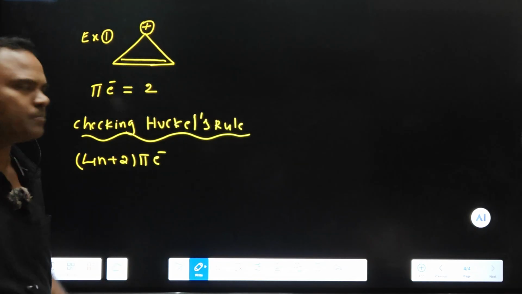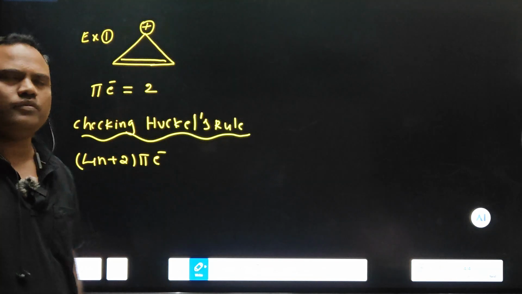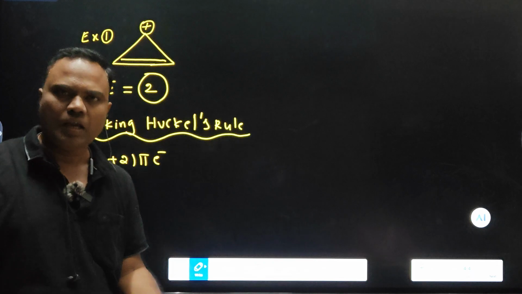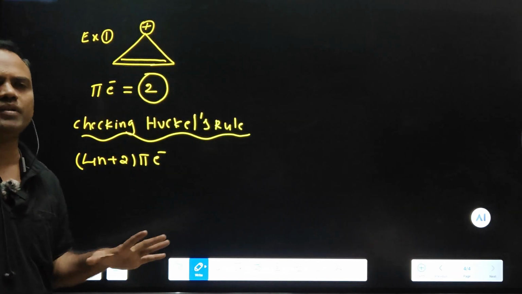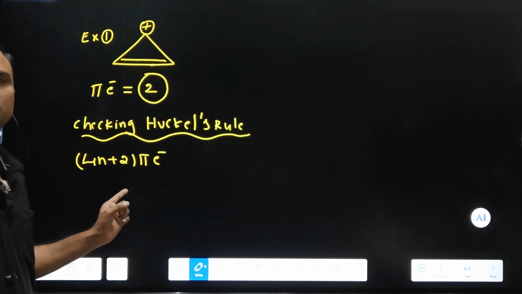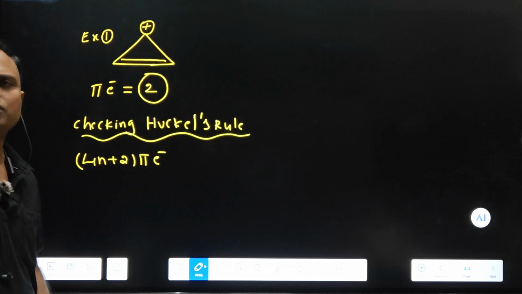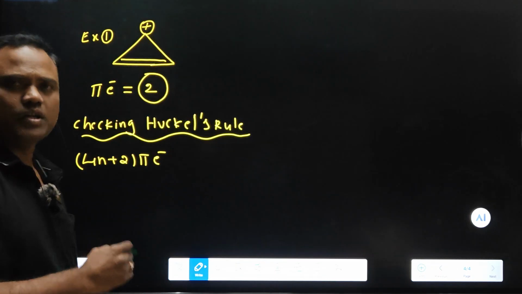First we wrote the number of pi electrons here: 2. According to Huckel's rule, how many pi electrons will we get? What is the n value here? It starts from 0. So first we check for 0.